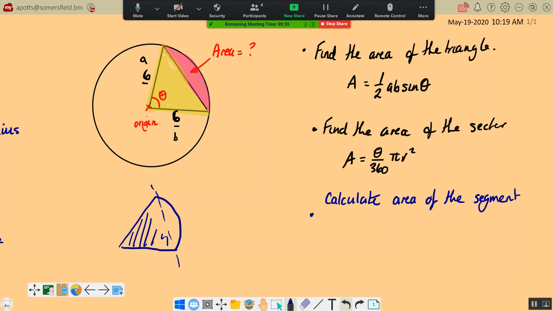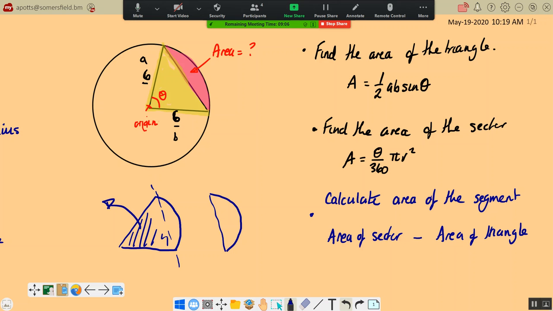If I work out the area of a triangle and I remove that, what am I left with? I'm left with the segment. So what I do is the area of the sector, subtract the area of the triangle.